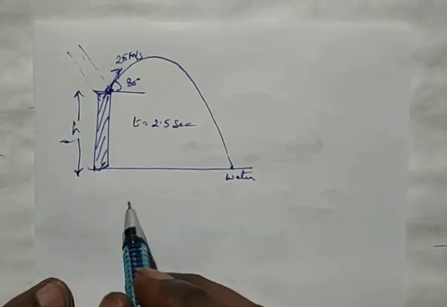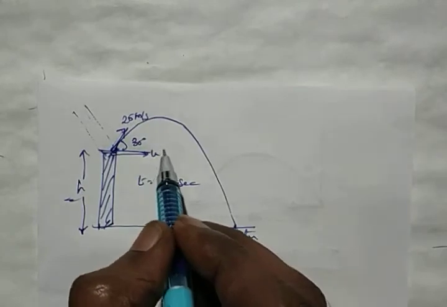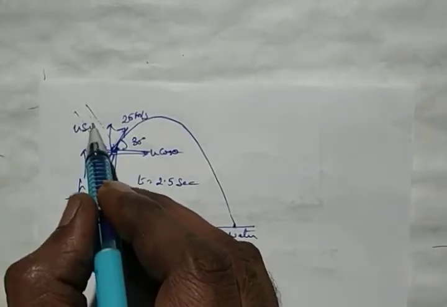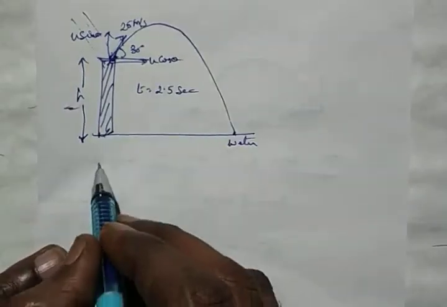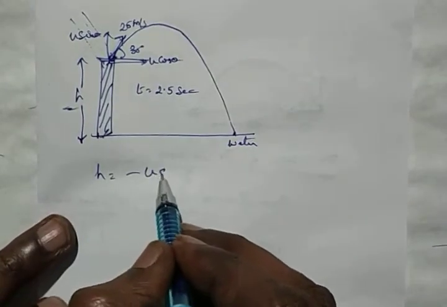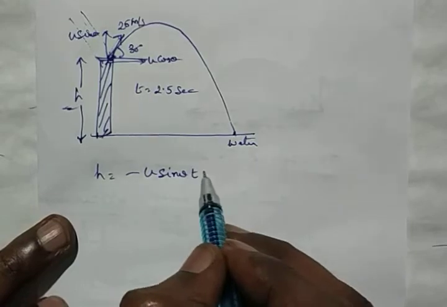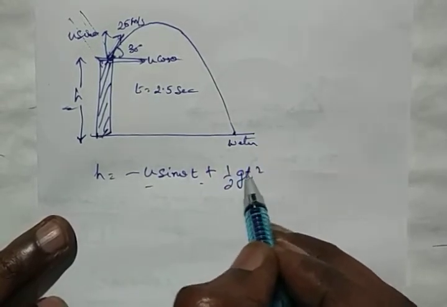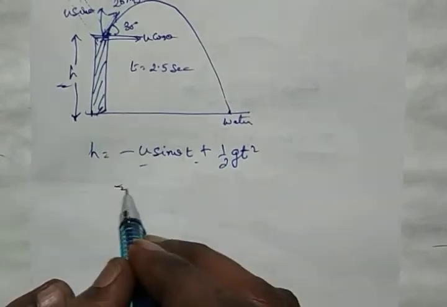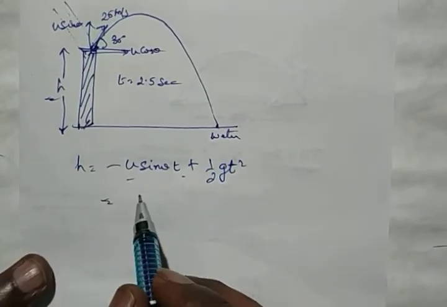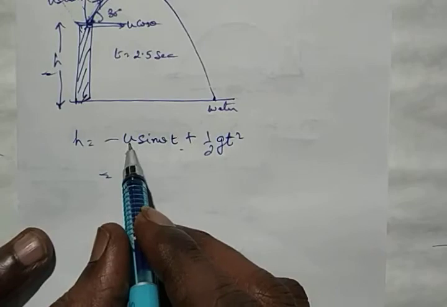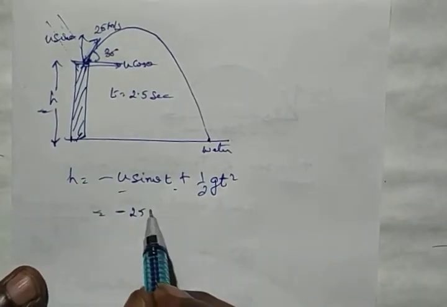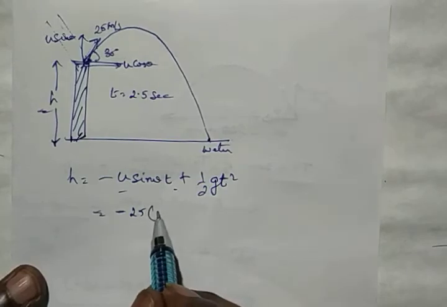So the components here are u cos theta, and this is u sin theta. The height formula, we already know, is minus u sin theta into t, plus half g t square. This is what the formula will be. And when you substitute this, minus u, 25 meter per second, sin theta is sin 30.